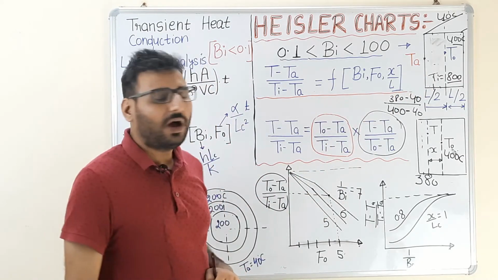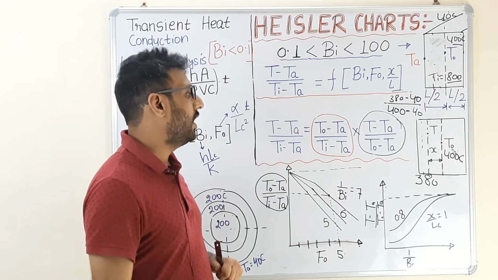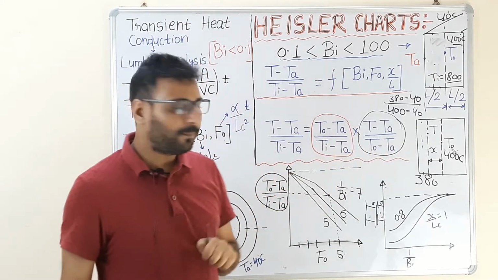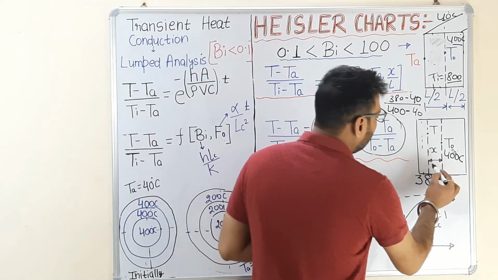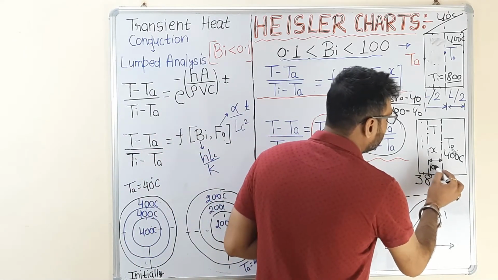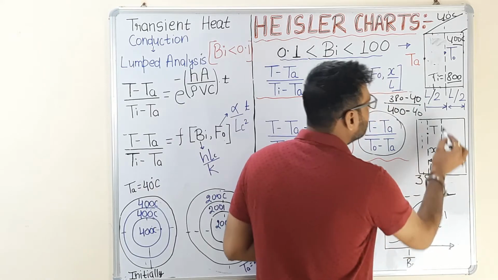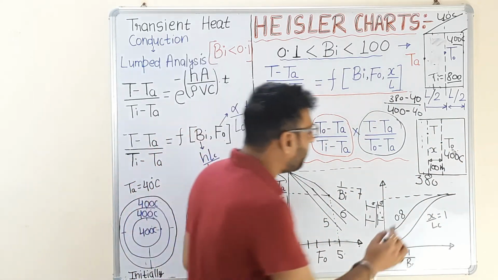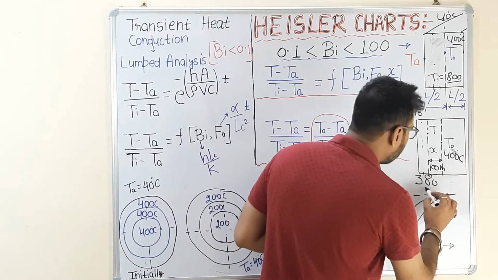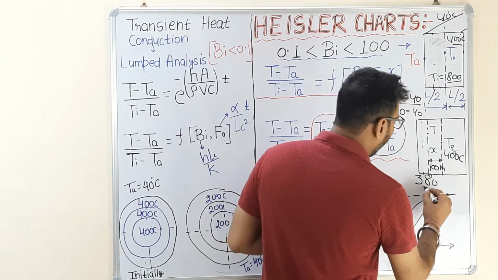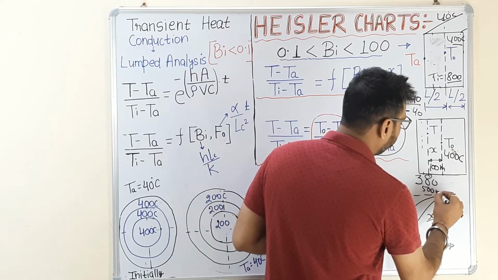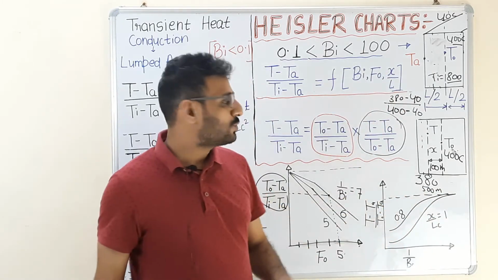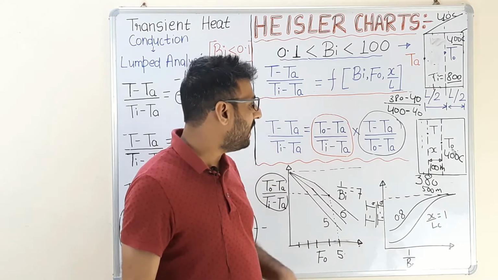So if our objective is to determine the temperature at a point 100 mm distant from the mid plane of the plate, and the half thickness of the plate is 500 mm, then we will choose the curve. So for our value the curve will be 0.2.